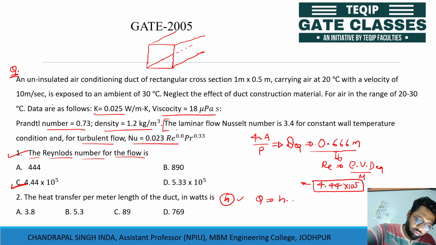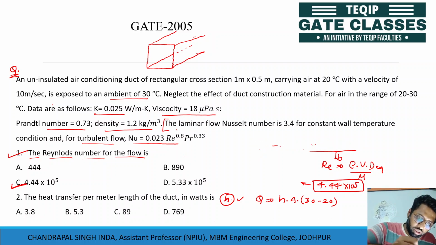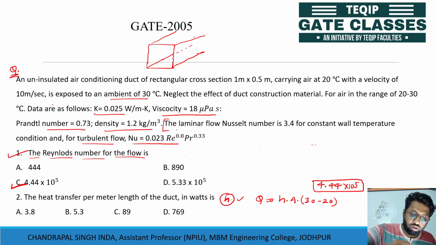The area will be the cross section perimeter into length, times the temperature difference. The temperature difference here will be the ambient temperature, which is constant, 30 minus 20. First we have to find the convective heat transfer coefficient by using the relationship for turbulent flow. As we can see, the Reynolds number is way greater than 4,000.